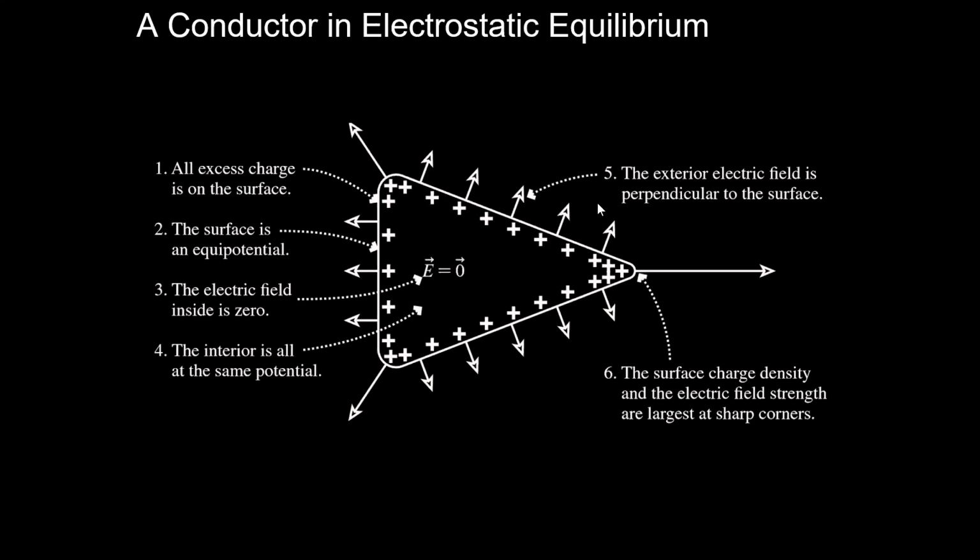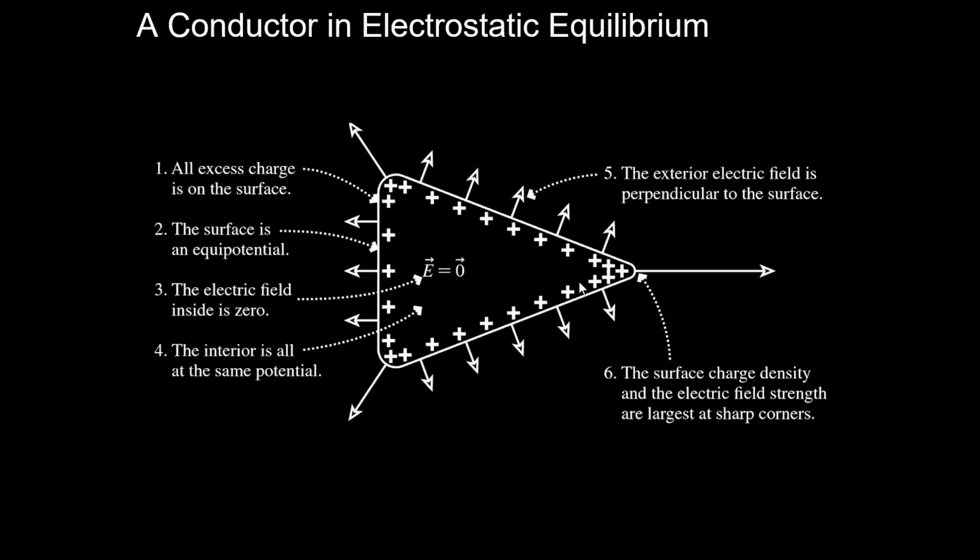But here is an interesting point. Since the equipotential surface is the surface of the conductor, the electric field has to point everywhere perpendicular to that conductor. But the final thing that you notice, point 6, and this is something that's kind of new, is that in this triangular shaped conductor, you have 3 flat surfaces.